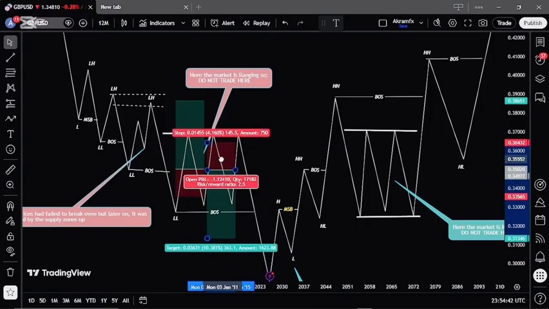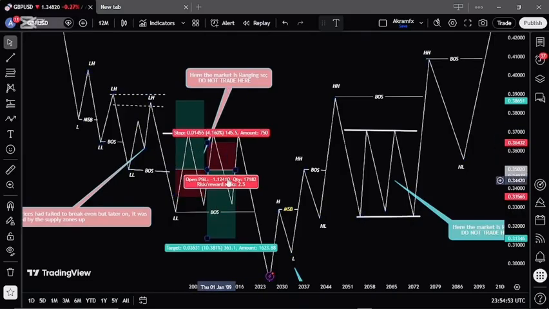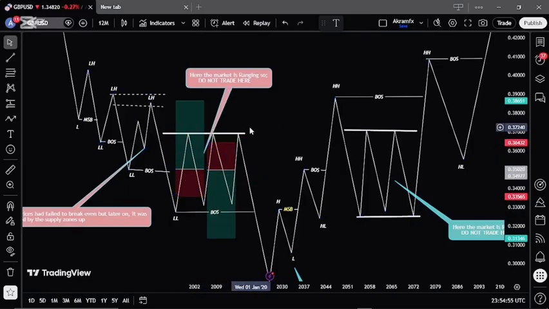If at all you sold from here, prices, let's say, came and triggered your order, and then they just went up and stopped you out. So basically, in a ranging market, you can be stopped out at any time. So you do not need to trade when you see the market is ranging.